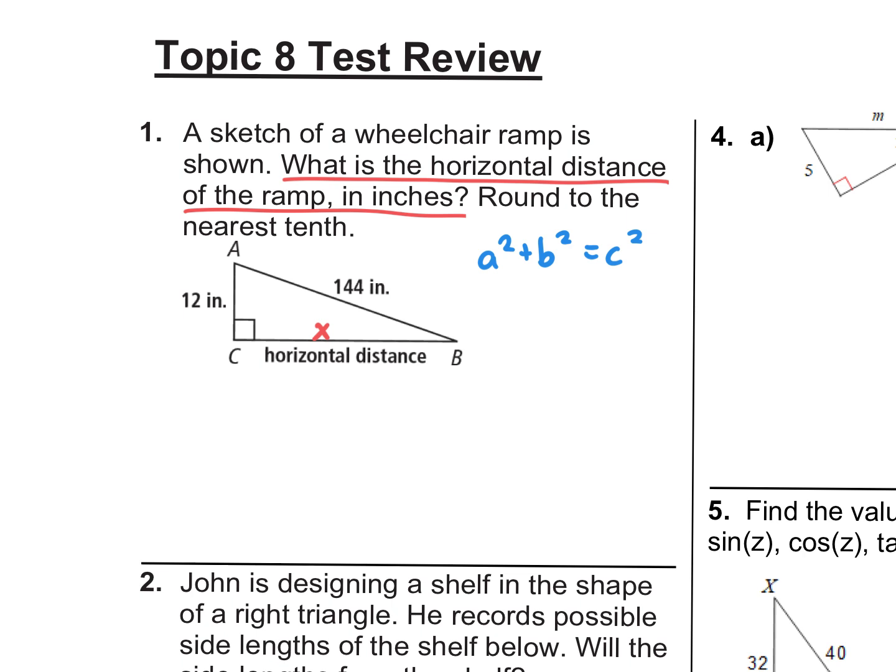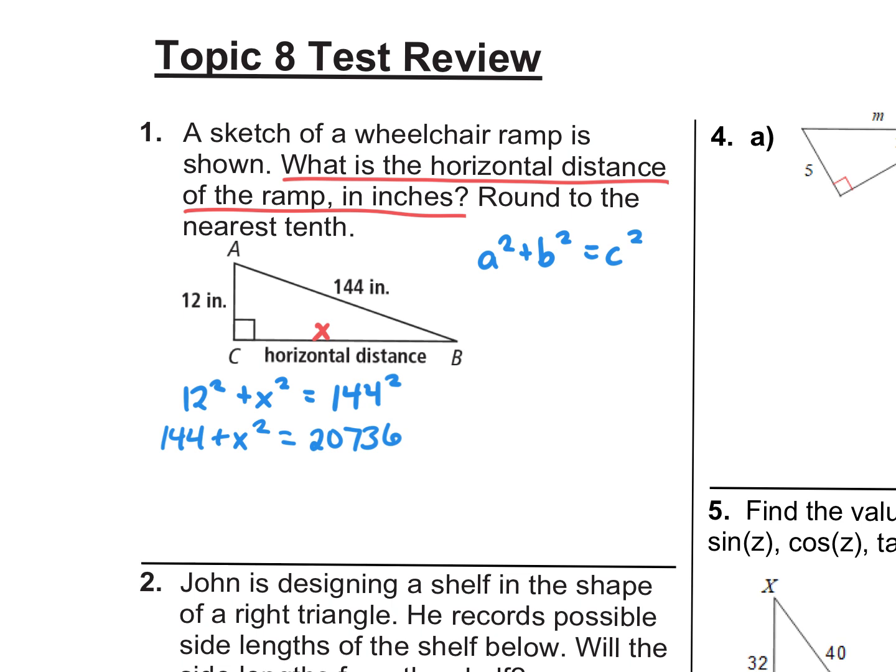So if I plug this in the correct way, we get 12 squared plus x squared equals 144 squared. If you don't have it set up that way and you have 144 on the other side, you will get it wrong. So evaluate, what's 12 squared? 144 plus x squared equals 20,736.